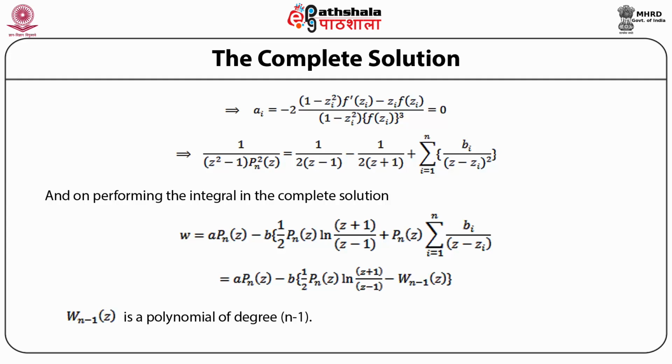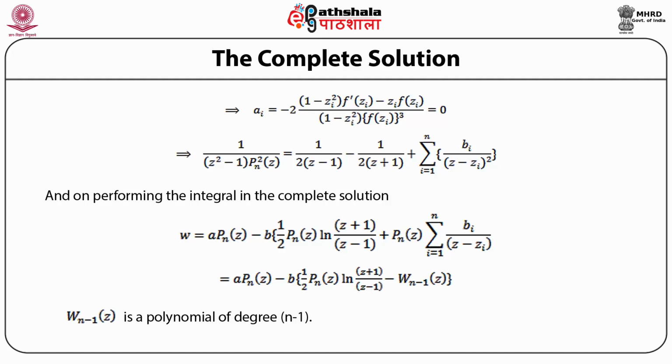This gives W to be equal to A times Pn of z minus B times, within the brackets, half multiplied by Pn of z into natural log of (z plus 1) by (z minus 1) minus Wn minus 1 of z, brackets close.